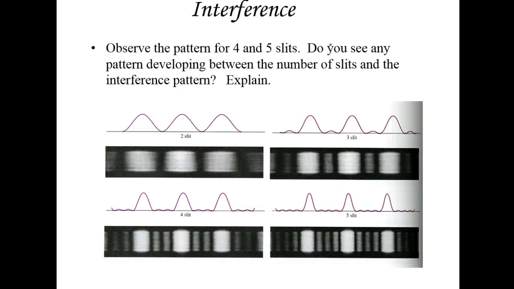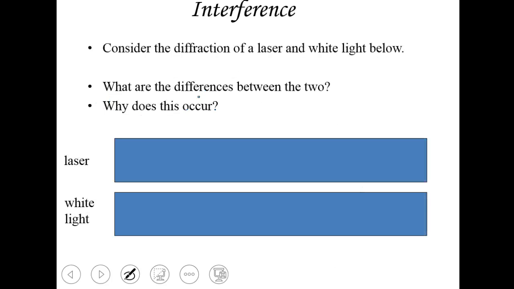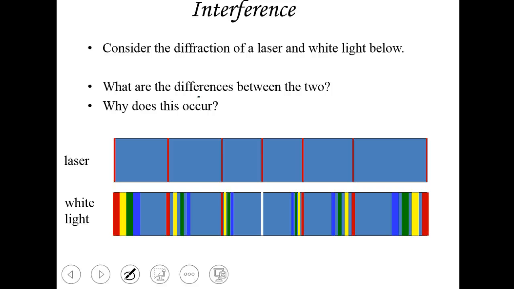And then what we see is that as n increases, as n goes up, the intensity of these bands also goes up. When we look at diffraction gratings of a laser versus a white light, we see some interesting things happening here.